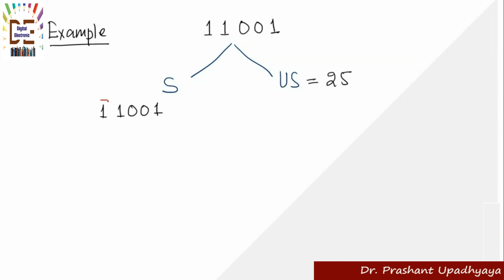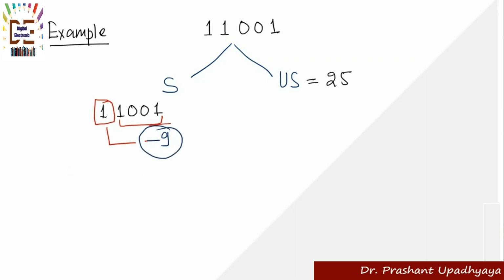Then I will take this one, so this will represent my negative number. What is the decimal equivalent of it? Let's say the decimal equivalent of this is 9, so it will represent my minus 9.